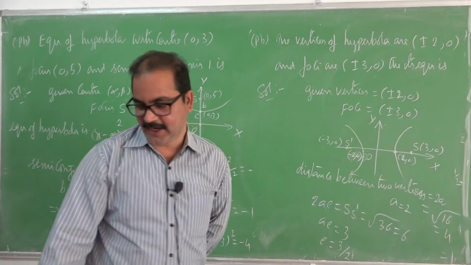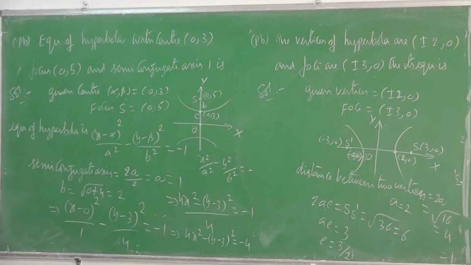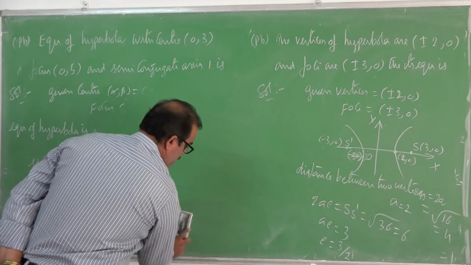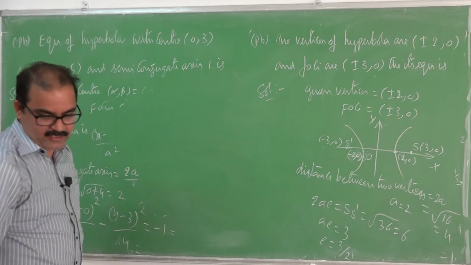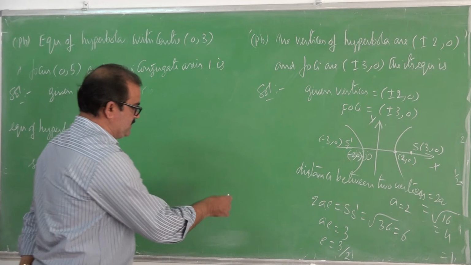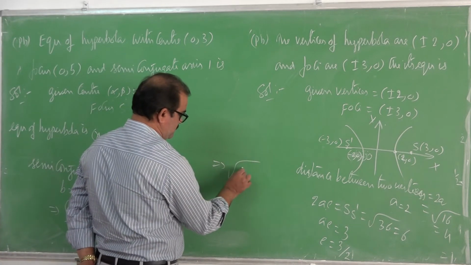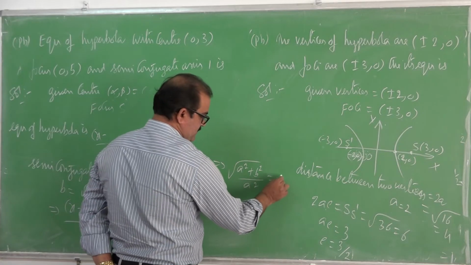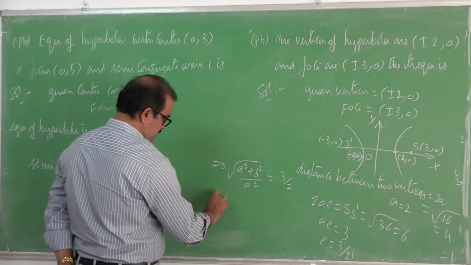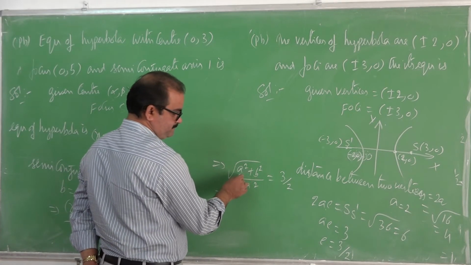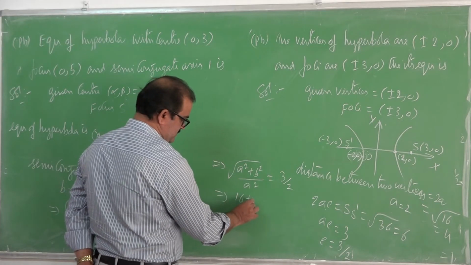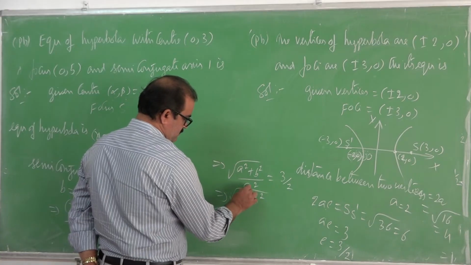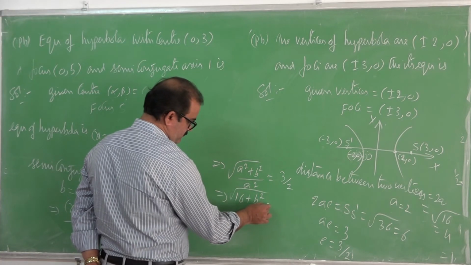From this find the b value. What is the formula of eccentricity? Root of (a square plus b square) by a square is equal to 3 by 2. But what is the a value? 4. Root of (16 plus b square) by root 16, that is 4.